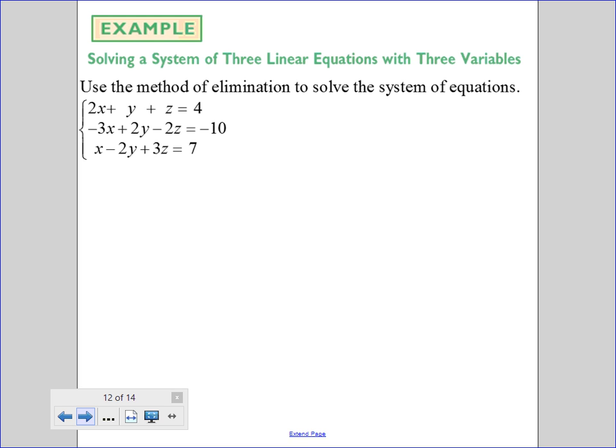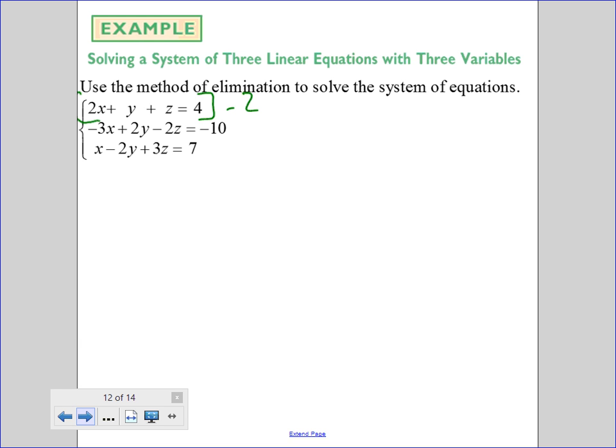The way I'm going to do that is for the first one, I'm going to multiply the top equation by -2, and I'm going to add that to the second equation. So I'm going to try and eliminate y here. I just picked y because I wanted to take out one of the variables, and that was the first thing I saw that I could do.